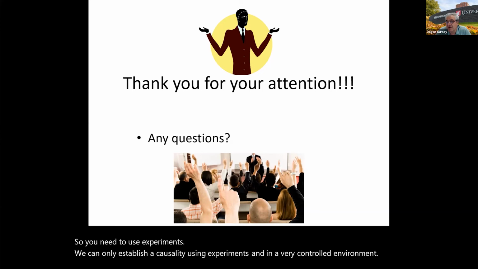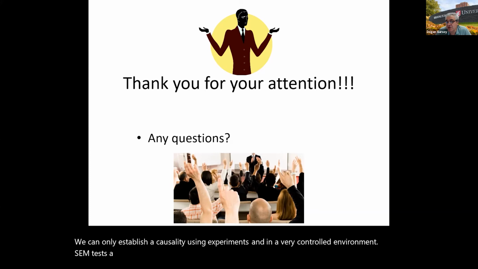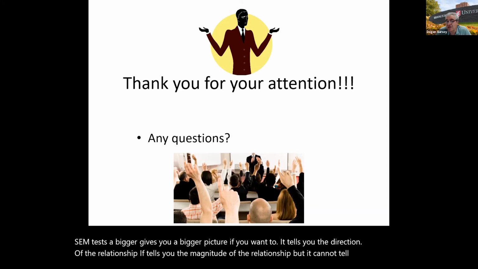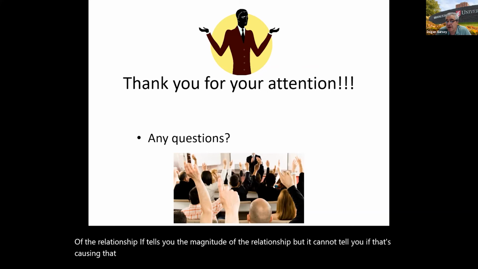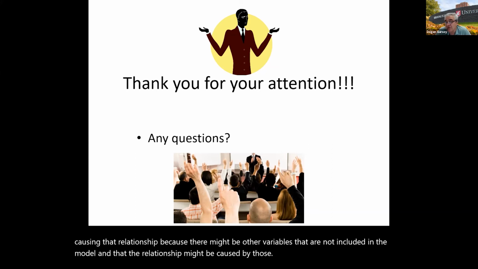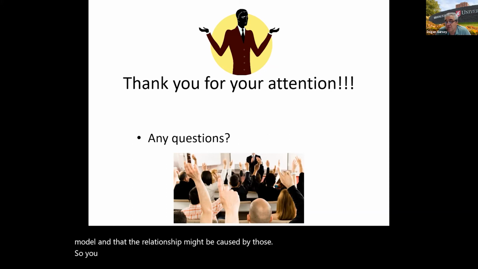SEM gives you a bigger picture. It tells you the direction of the relationship and the magnitude of the relationship, but it cannot tell you if that's causing that relationship, because there might be other variables that are not included in the model, and the relationship might be caused by those. So you need to run an experiment. Experimental studies are the best to establish a causal relationship. Does it answer your question?